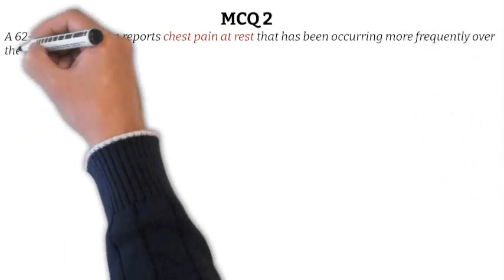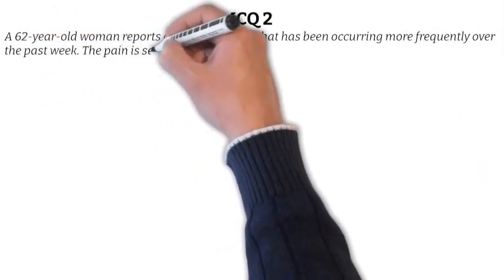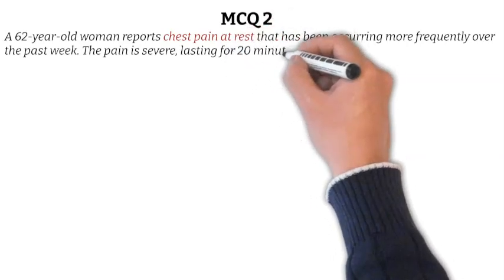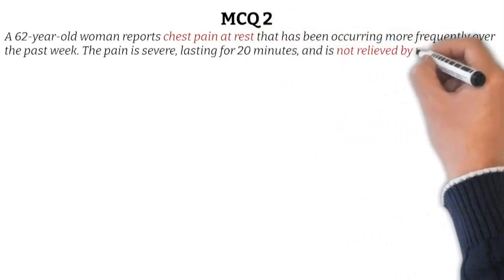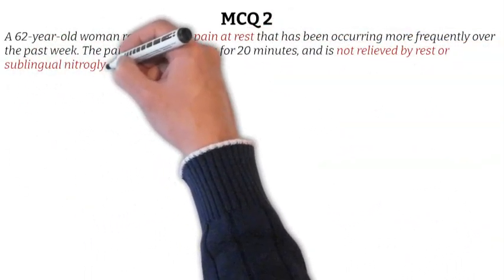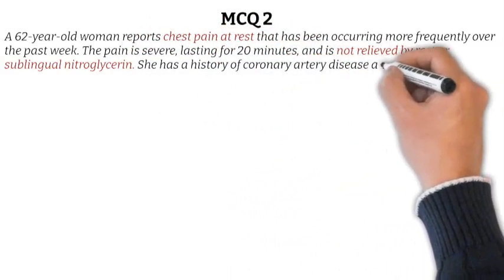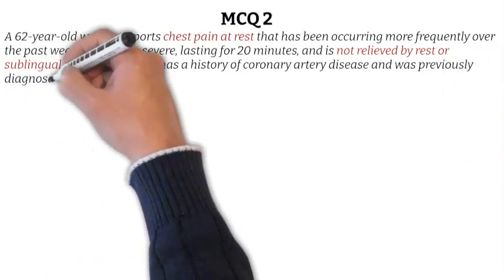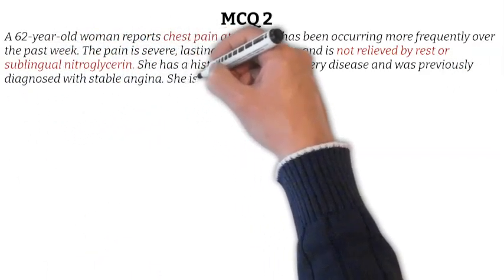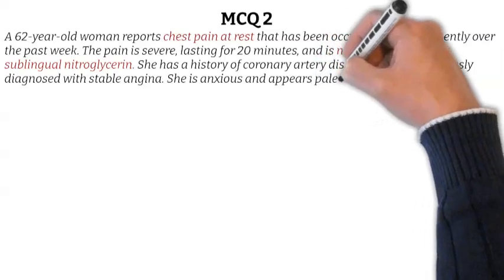A 62-year-old woman reports chest pain at rest, unstable angina, and it has been occurring more frequently over the past week. The pain is severe, lasting for 20 minutes, and not relieved with rest and sublingual nitroglycerin. She has a history of coronary artery disease and was previously diagnosed with stable angina.